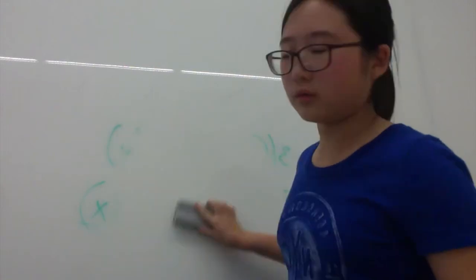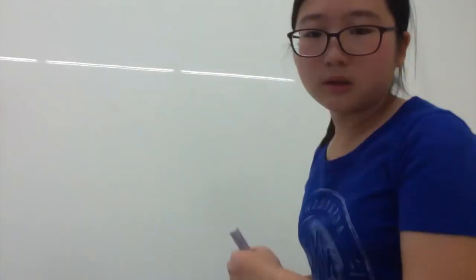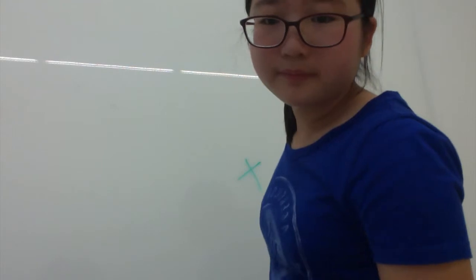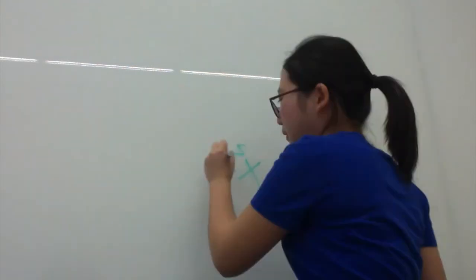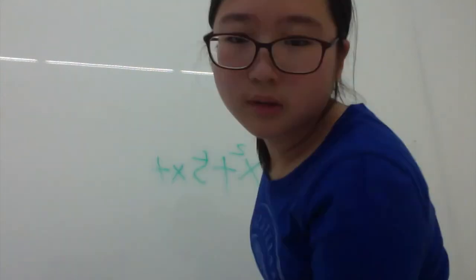factoring quadratics. The formula for factoring quadratics is, for example, x squared plus 5x plus 6.